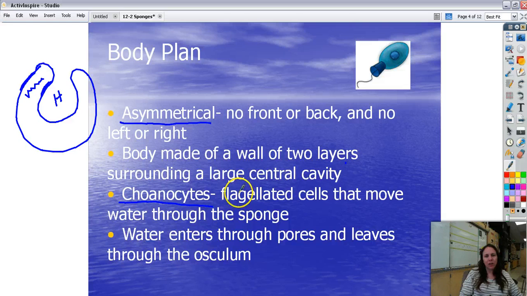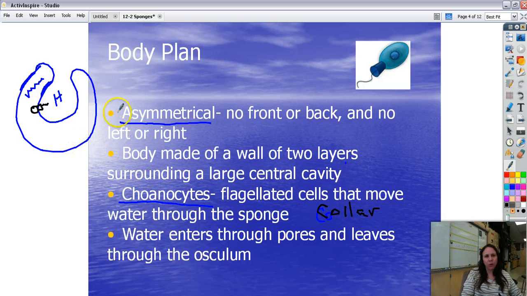The choanocytes are otherwise known as collar cells due to the fact of this little collar right here. So choanocytes are specialized cells that have flagella, and they're located right in here, kind of like this, with a little whip sticking out. And what they do is they help to move water through the sponge. This is their circulation. So they wiggle this little flagella back and forth, and that helps to move water throughout.